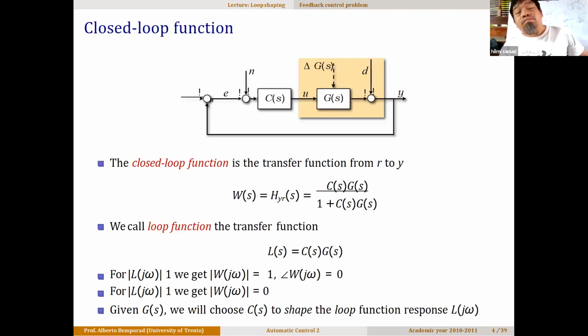Okay. So the closed loop transfer function from the ratio, kita ada this ratio lah. We want to have a loop function which is just the controller dengan your system. So this is actually the loop function.